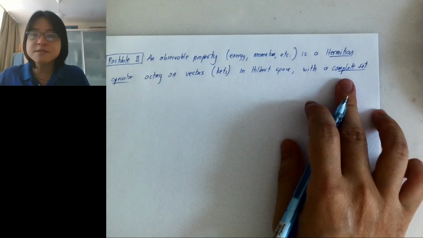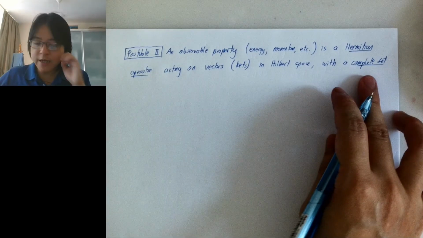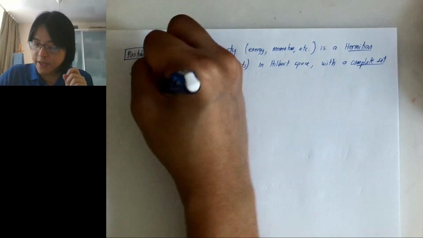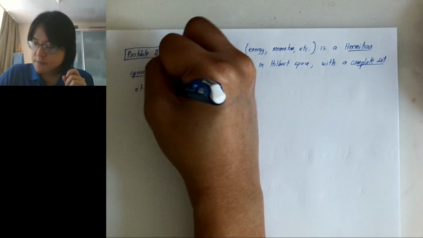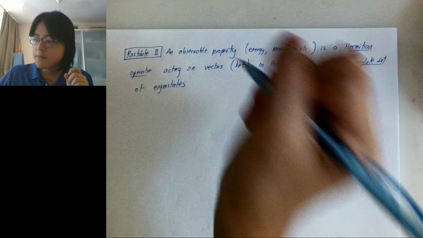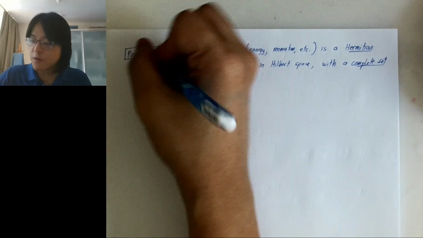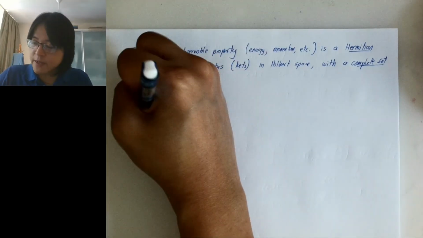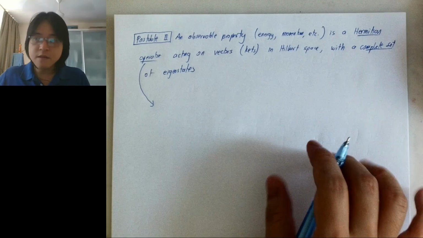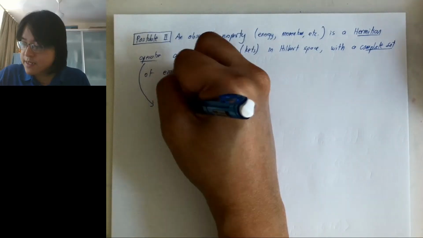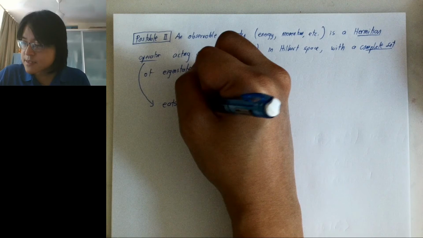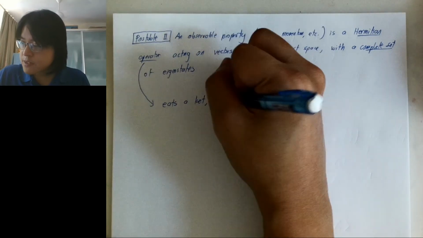Complete set means something specific. I will explain this, of eigenstates. Let's start with operator. This is an operator just like what I mentioned earlier. It is an operator that eats a vector, but now we're calling this ket, and then it spits out a new ket.